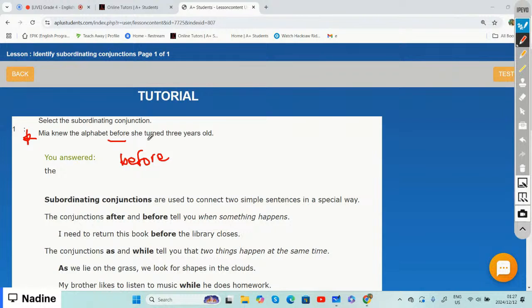Before she was three. So before is our subordinating conjunction.